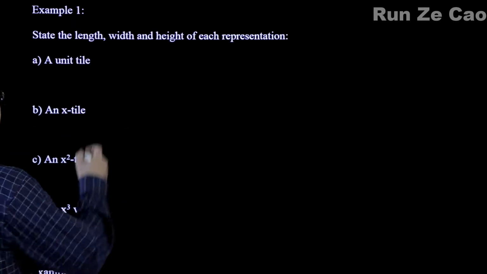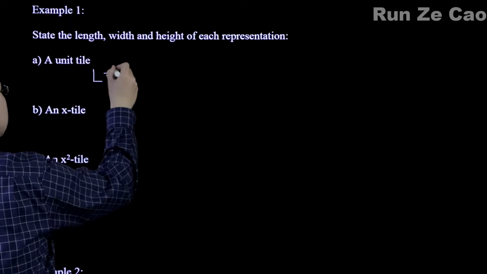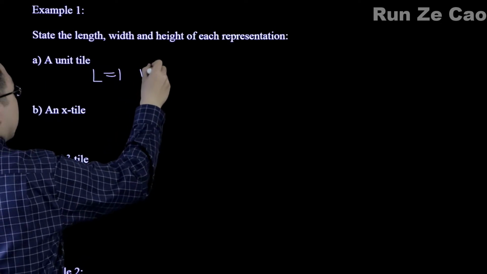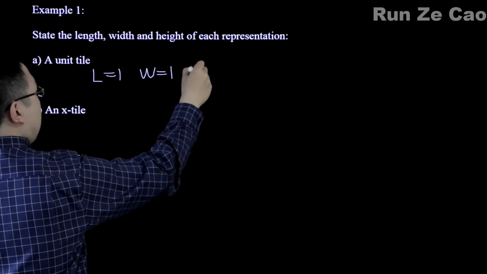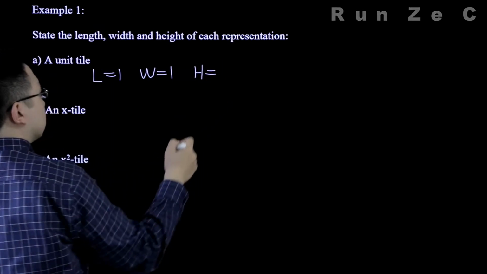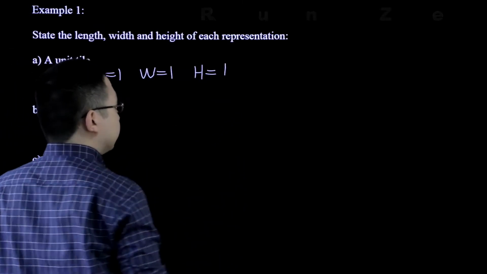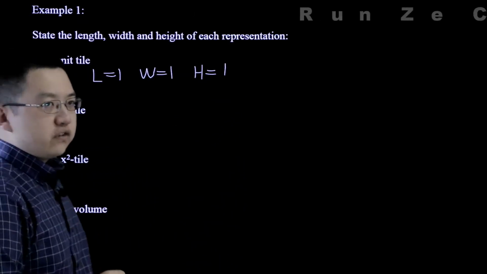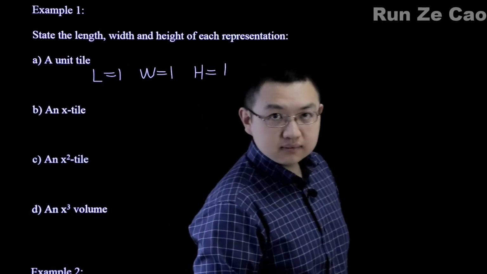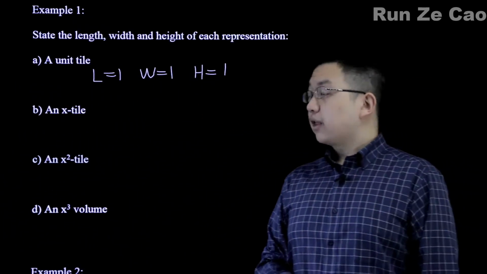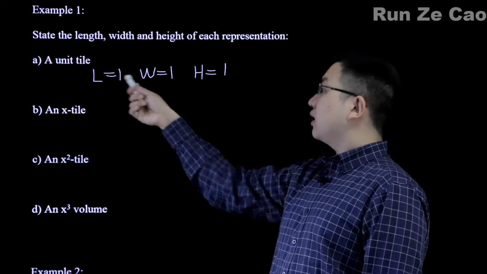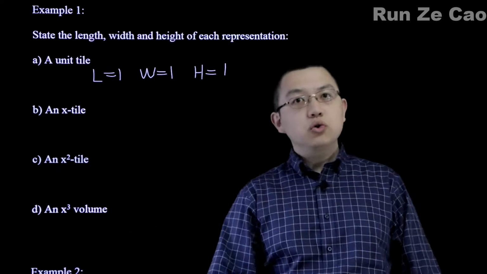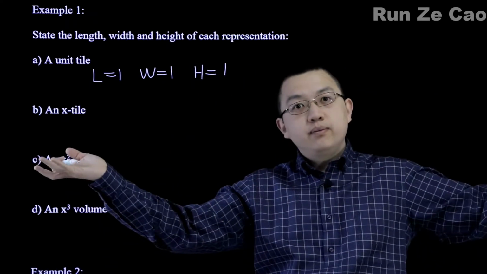A unit tile has length 1, width 1, and height equals 1. Even if your unit tiles are flat, the actual value they represent is 1, and therefore 1 times 1 times 1 is equal to 1.